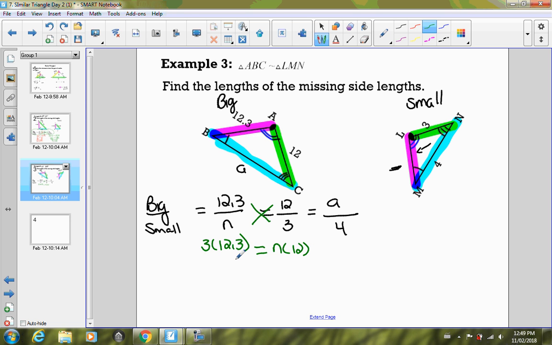So 3 times 12.3 gives me 36.9, which is equal to n times 12, which gives me 12n. Now I'm going to solve for n, so I divide both sides by 12. So n is equal to about 3.08. When you put that in your calculator, you should get 3.075, so I round it up to 2 decimal places.